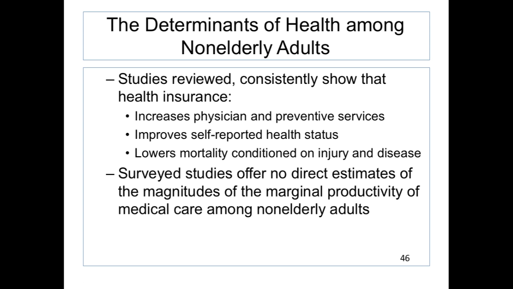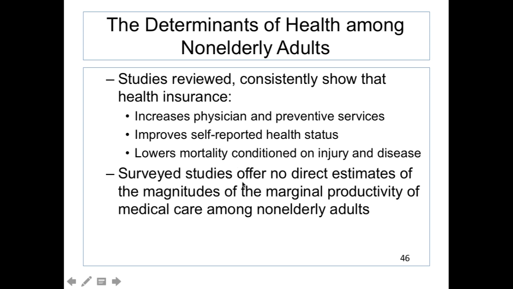Of course, if you have insurance, you are going to go to your primary doctor for preventive services, and then that improves the health status and lowers the mortality rate.